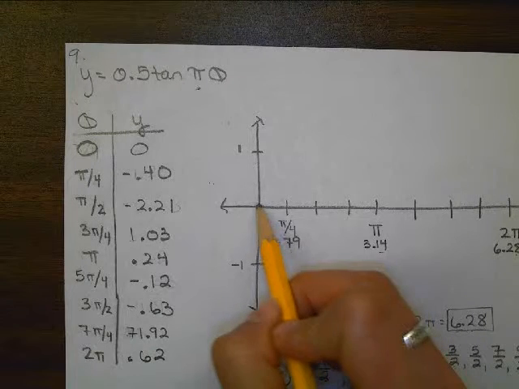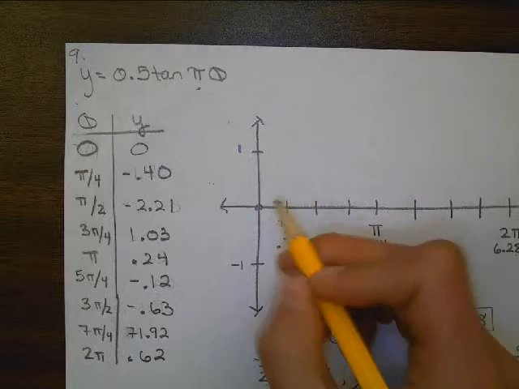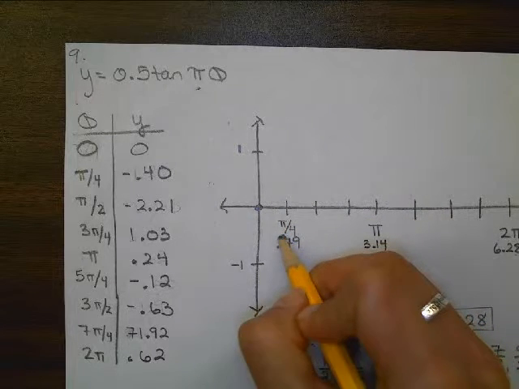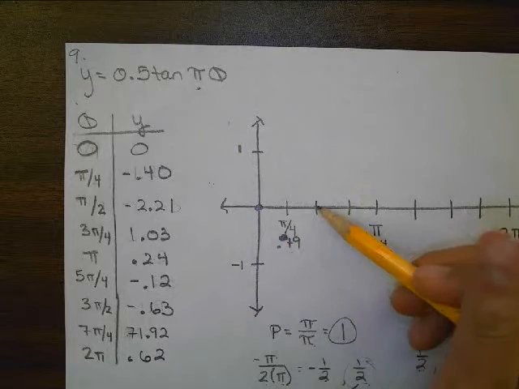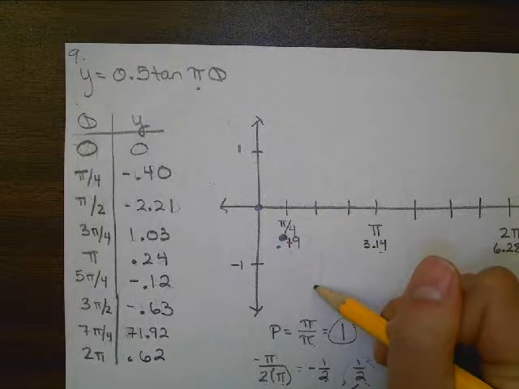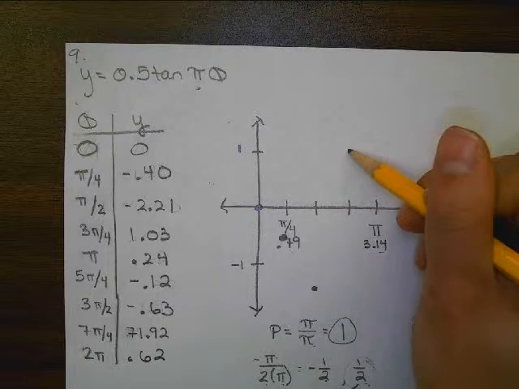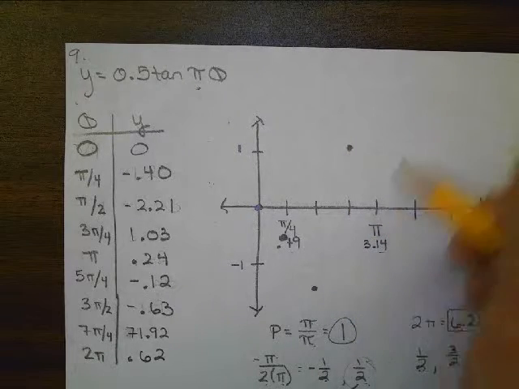So at 0, I'm at 0. Pi over 4, I'm at negative 0.4. I'm right around here. And then at pi over 2, at negative 2.21. 3 pi over 4 is at 1.03.